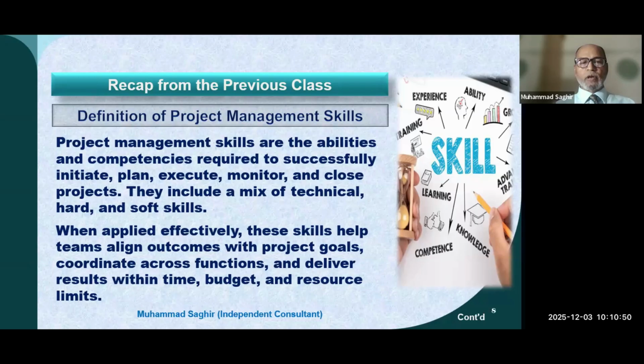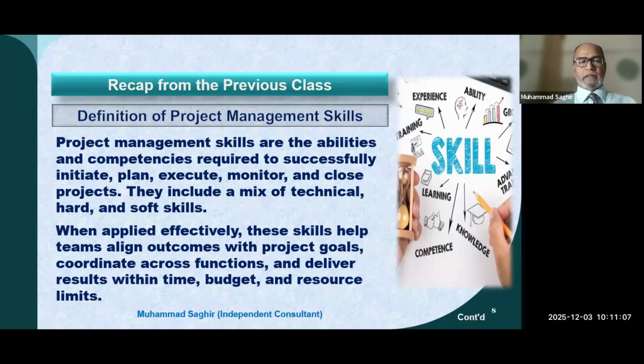And today I'll also briefly discuss about these skills. What do we mean by technical, hard, and soft skills? So again, you will have some idea that was already discussed in the last 2 classes.